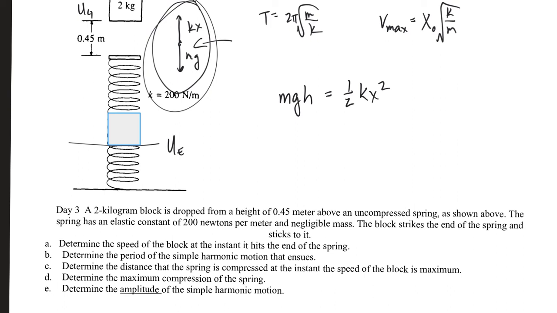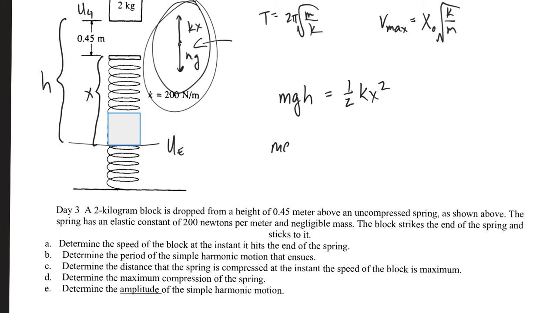Here's the problem. X is this distance. H is this distance. H has to be measured from the lowest point in the problem, and X is just how much the spring was compressed.